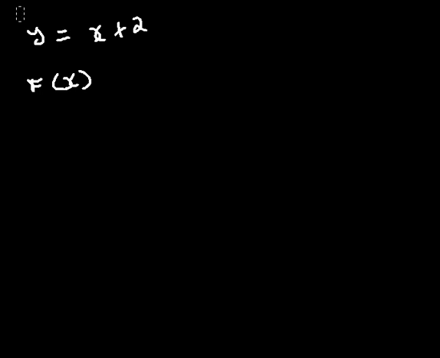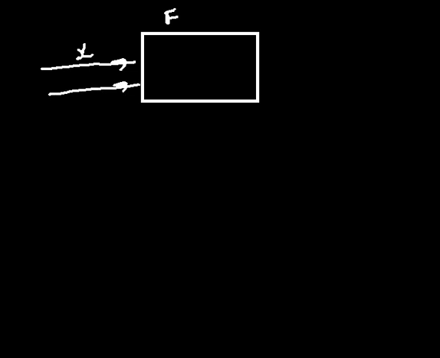And how about multivariable functions? Let's consider the system of the function f, and let's say we have 2 inputs. We have the input x, and we have the input y.